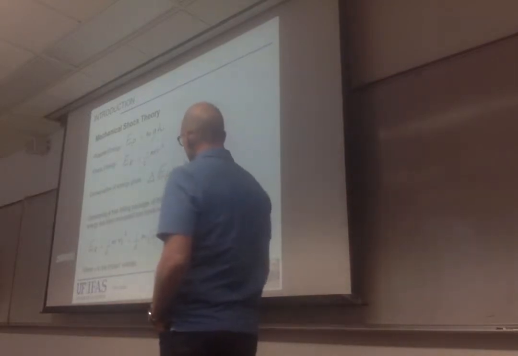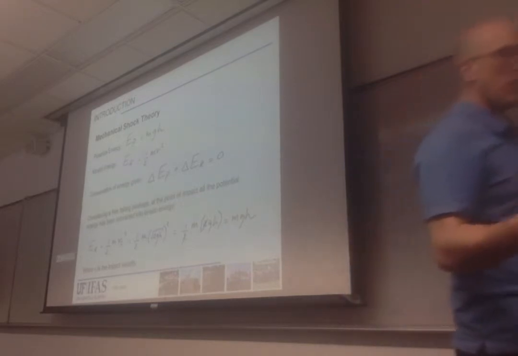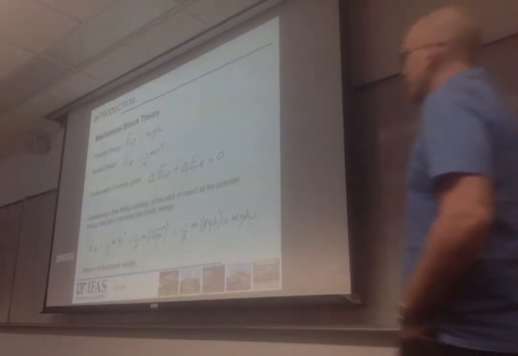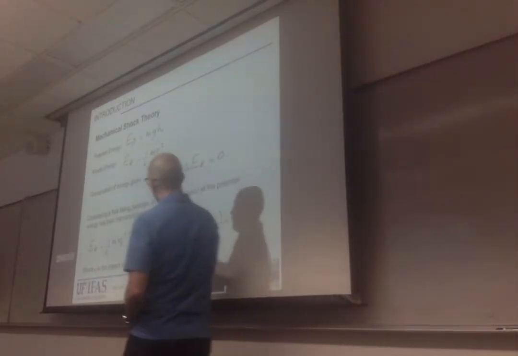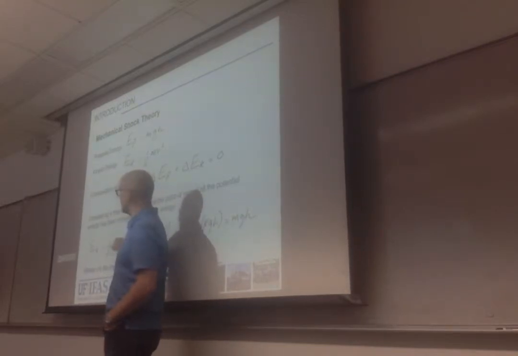So the idea here is that at the point of impact, all the potential energy has to be converted into kinetic energy. The kinetic energy at impact is going to be 1/2 the mass times the impact velocity squared.